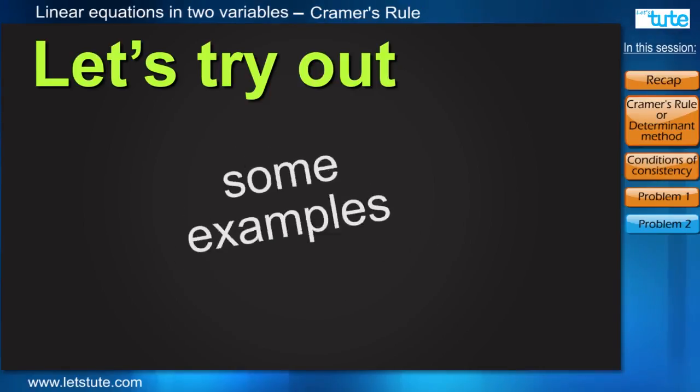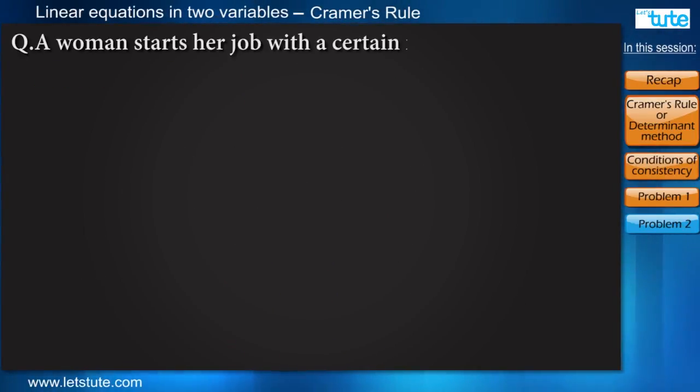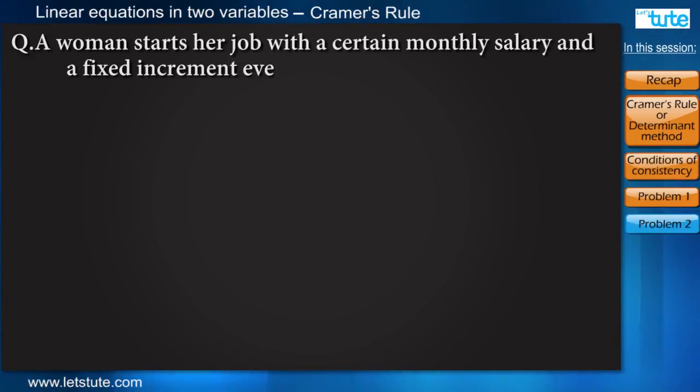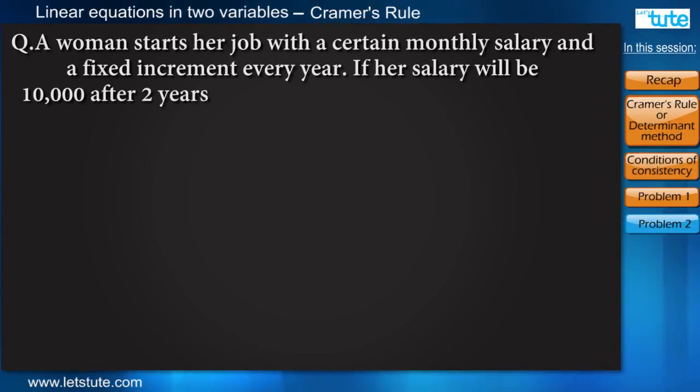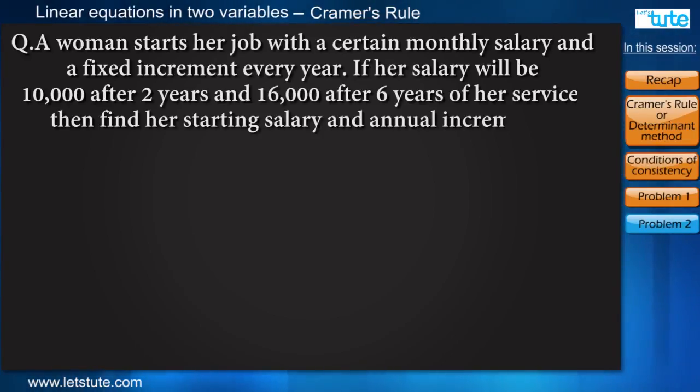Let's try out some examples on our own. A woman starts her job with a certain monthly salary and a fixed increment every year. If her salary will be 10,000 after 2 years and 16,000 after 6 years of her service, then find her starting salary and annual increment.